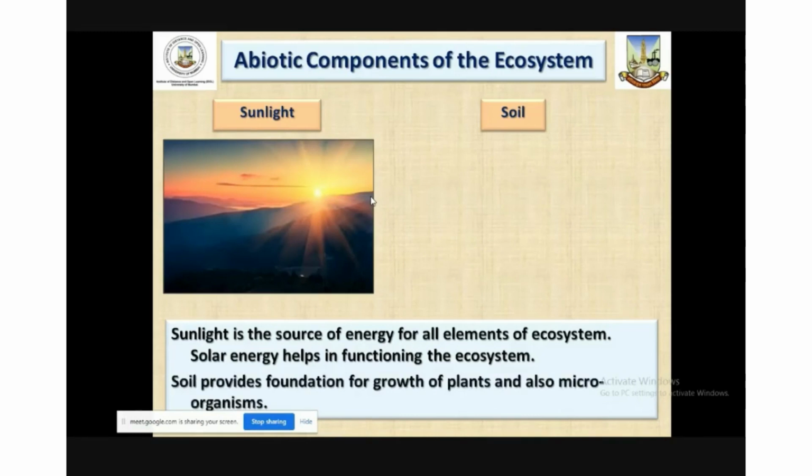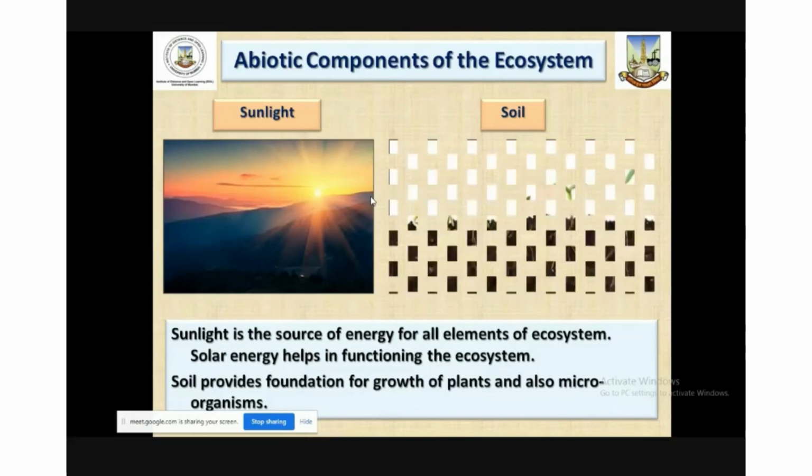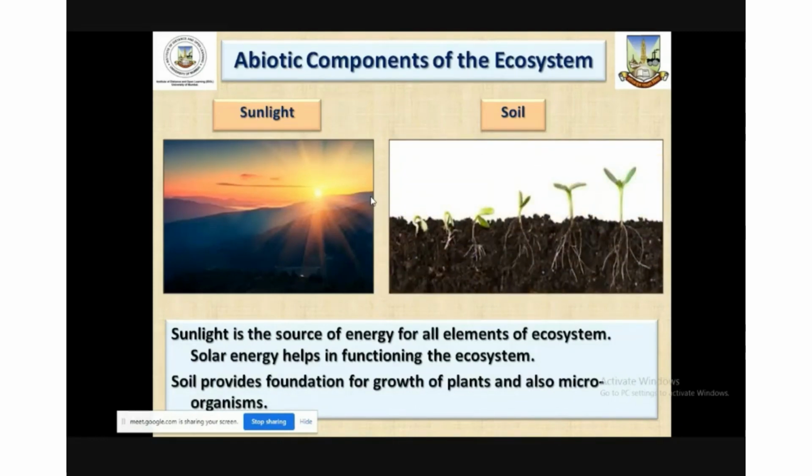Besides sunlight, soil is another important abiotic component, as it provides the foundation for the growth of plants. Different kinds of minerals, water, and organic material are also present in the soil, which provides the foundation for the growth of plants.